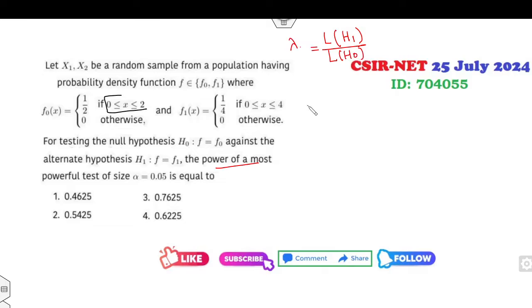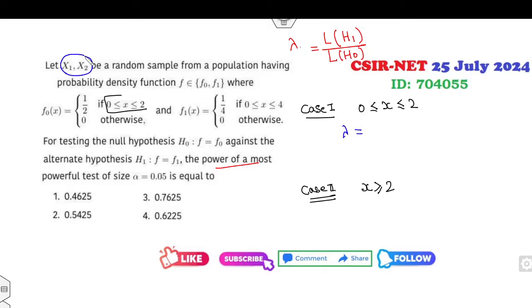So you have two cases. Case 1 is when x lies between 0 and 2, and case 2 is when x lies otherwise, where it is 0. So I can take x greater than 2. Fine. So when x lies between 0 and 2, what is the value of lambda?